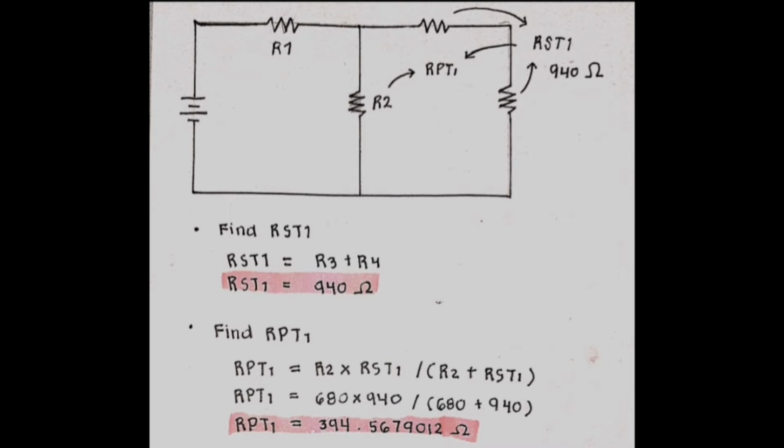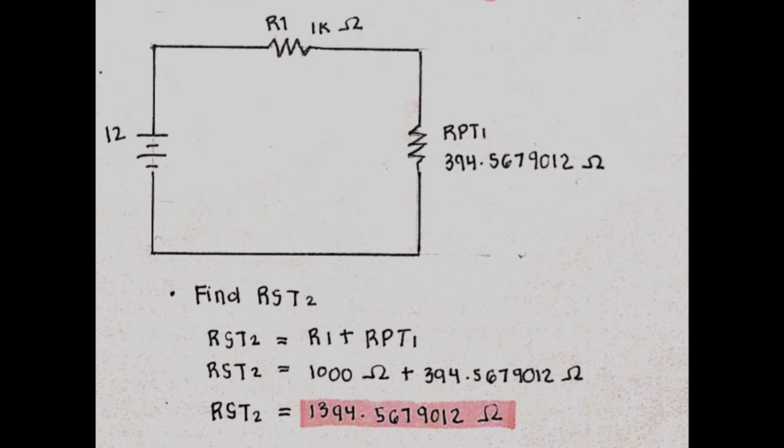394.5679012 ohms. Since we have solved for resistors 2, 3, 4 and combined them into 1 as our RPT1, we can now solve for RST2, which is R1 plus RPT1. With this given equation, we are going to substitute the given values. 1000 ohms or 1K ohms plus 394.5679012 ohms.